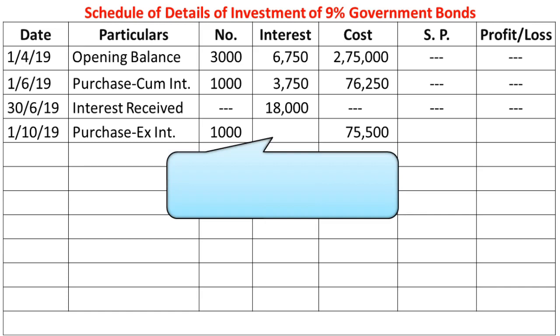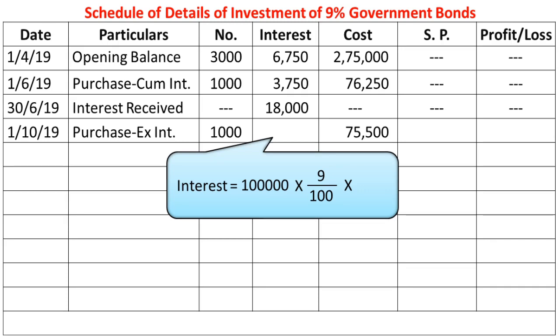Now we need to calculate the amount of accrued interest here. Very simple. 1,000 multiplied by 100, so nominal value is 1 lakh, at the rate of 9%. Now the period of accrued interest is from the last day of receipt of interest to the date of purchase. We received this interest on 30th June.